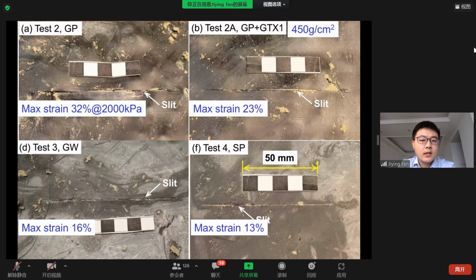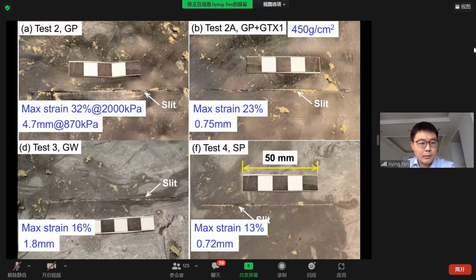I want to draw your attention to test 2A, with a layer of geotextile protection layer beneath the geomembrane. After removing the tailings, the geomembrane is still in very intimate contact with the underlying geotextile. Although there's notable indentation in test 2A compared with test 4, the slit equivalent opening width and the measured leakage between test 2A and test 4 are pretty close.